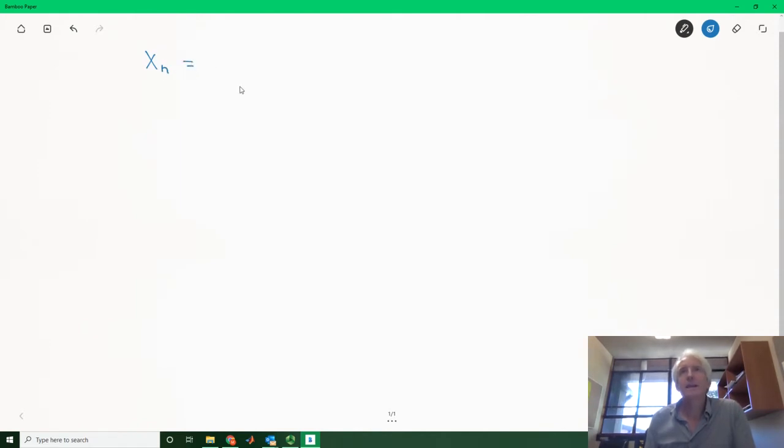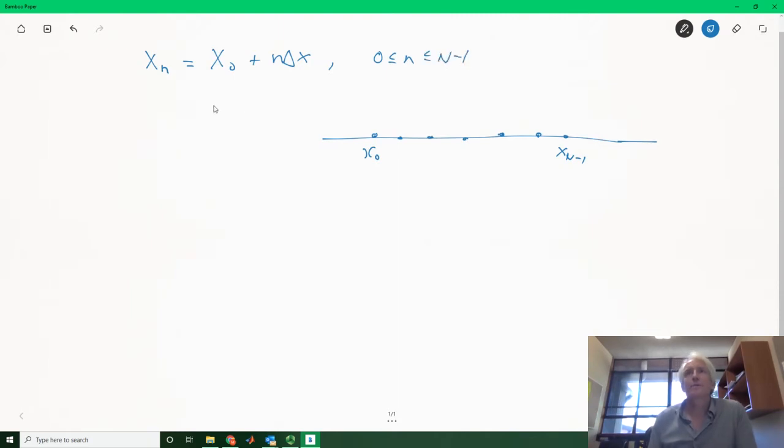So we take x_n just to be a sequence of points that are evenly spaced. Doesn't really matter where they start, as long as they're evenly spaced. That's x_0, and this is x_{N-1}. So x_n is equal to the starting place plus this delta x times n, and n goes from 0 to N minus 1.